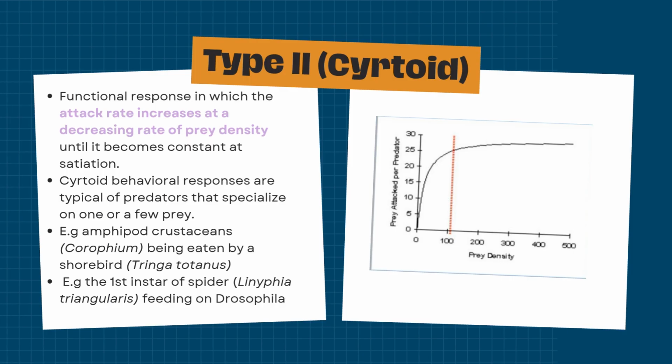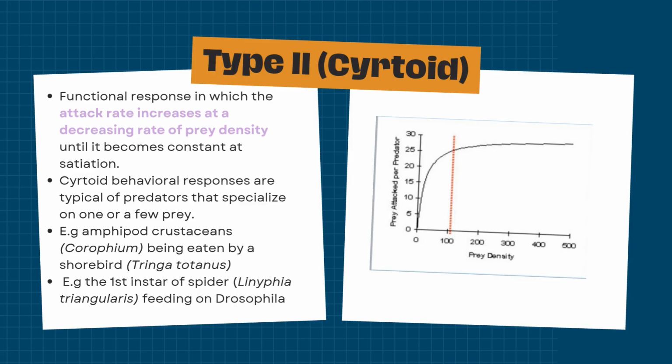Okay, thank you. And I will continue with the second type, which is type 2. Type 2 is a functional response in which the attack rate increases at a decreasing rate with prey density until it becomes constant at satiation. Type 2 behavioral responses are typical of predators that specialize on one or a few prey.